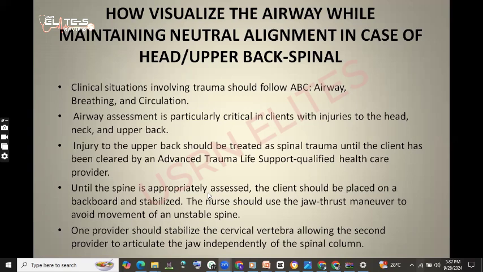So it is CAB in cardiac resuscitation, but you follow your ABC in normal prioritization questions and trauma situations like what we are about to go through. Do you get what I just said? Yes, please. Thank you.